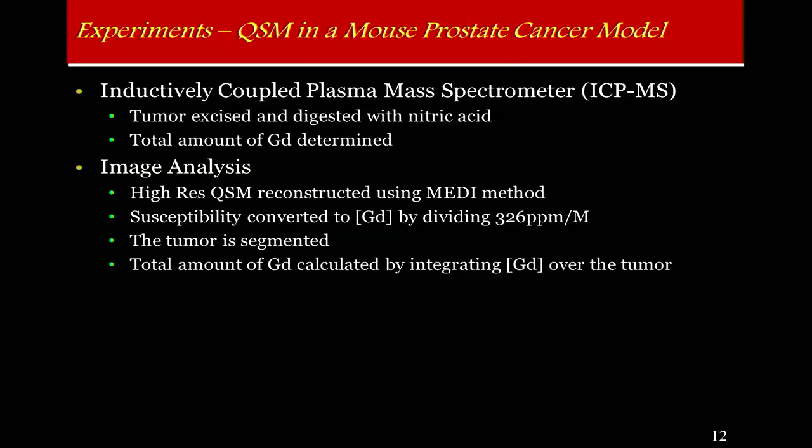We first convert the susceptibility map into a gadolinium concentration map by dividing the susceptibility by the molar susceptibility of gadolinium, which is 326 ppm per molar. Then we perform a spatial integral of the gadolinium concentration over the entire tumor.